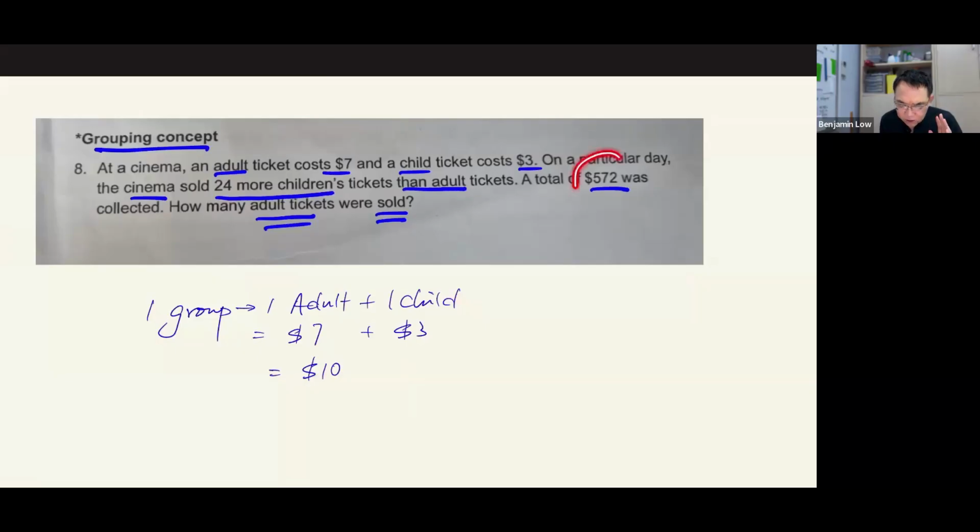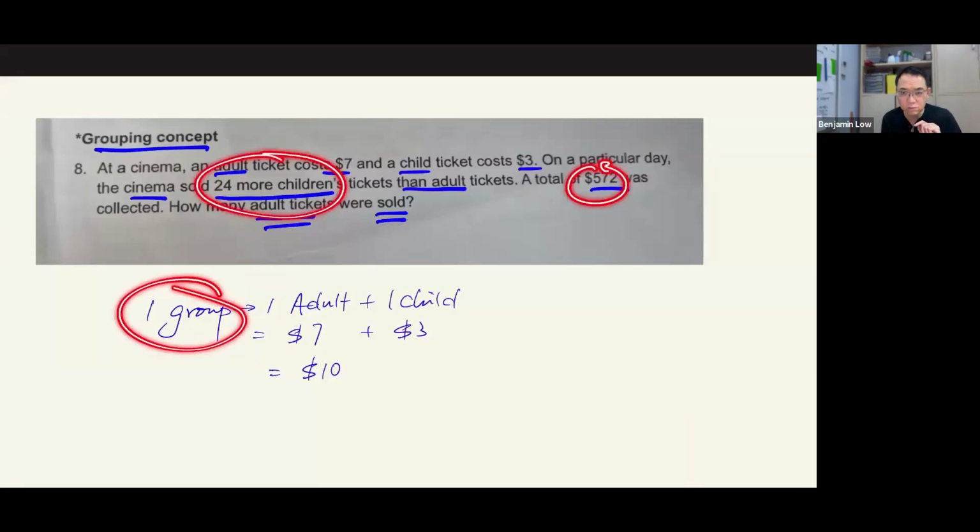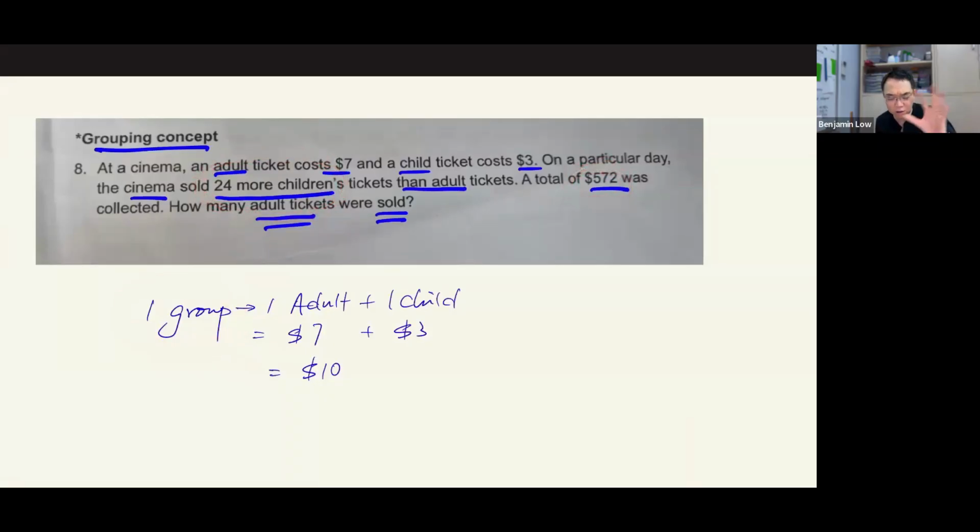And the 572 is the total, so it also includes the 24. So you need to take away the tickets from this, then you can use the groups. Right now it is making the groups not correct, so you need to remove them. You've got to remove the children's tickets from the price so that you can get a number that should be able to divide by 10. If you still cannot divide by 10, that means you made a calculation mistake or something.